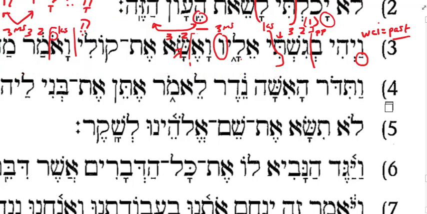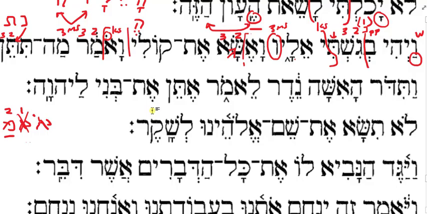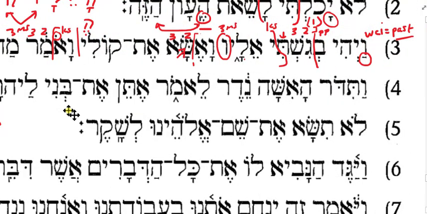Okay, so number 4, I have va tidor ha'isha nader lemor etain et bani la Adonai. Okay. What do I have at the beginning of this? I have va tidor.